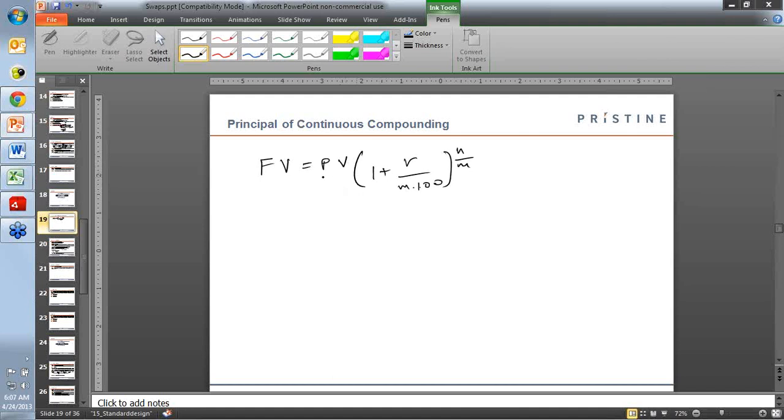To get the future value, we take the present value and multiply it by (1 + r/(m×100)) to the power n×m. Here r is the interest rate, n is the number of years, and m is the frequency of compounding.